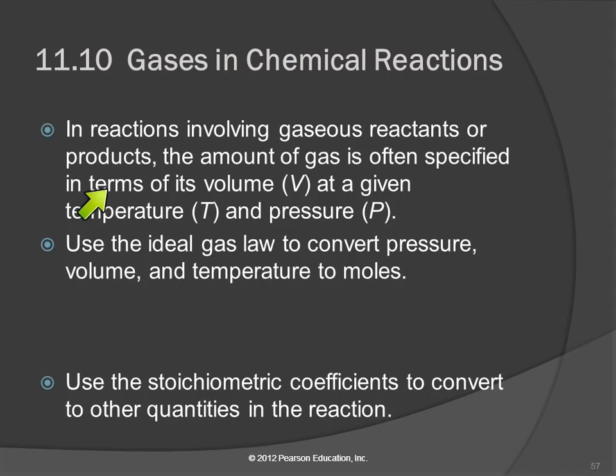The amount of gas is often specified in terms of its volume at a given temperature and pressure. And so what we can do is use the ideal gas law to convert that information to moles. And moles is what we needed, wasn't it, when we did the stoichiometry.